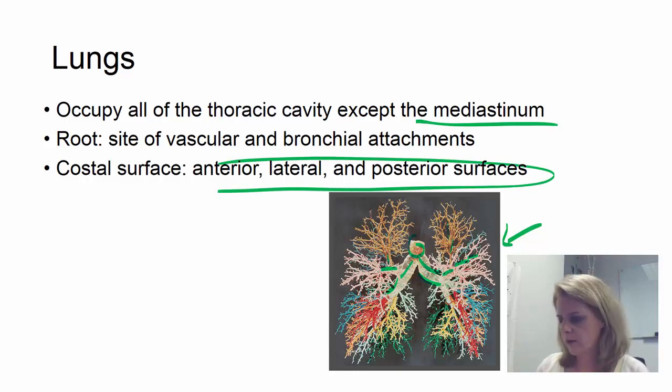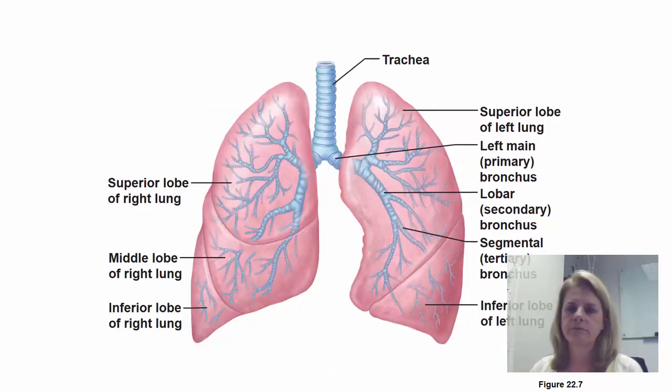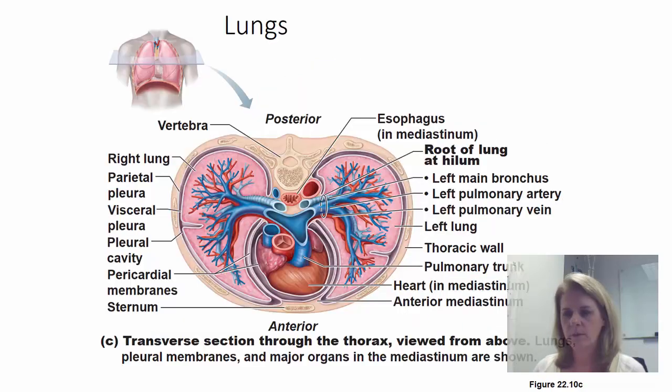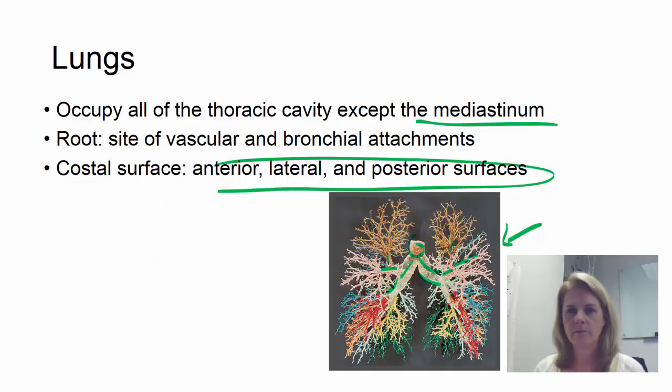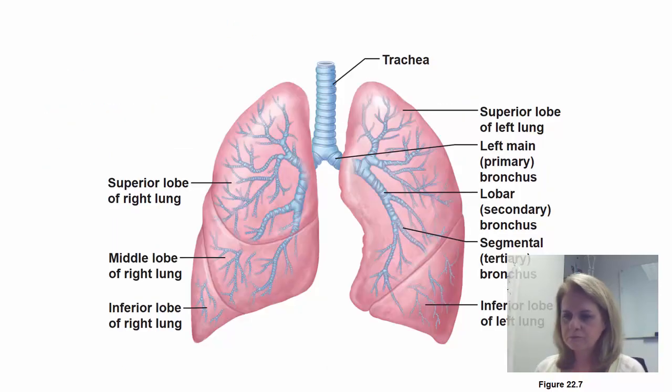So I just throw that in there in case you've ever thought about directional terms as far as lungs go. You can use those terms as well. Costal meaning ribs, and then of course anterior meaning front, lateral meaning to the side, and posterior meaning to the back.